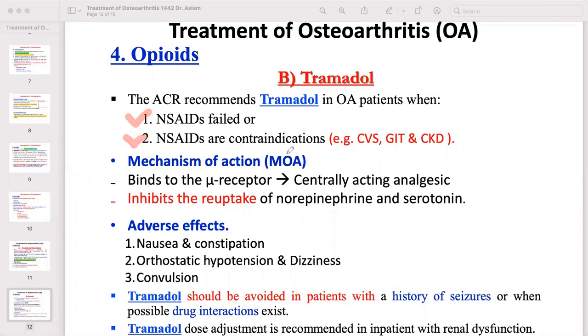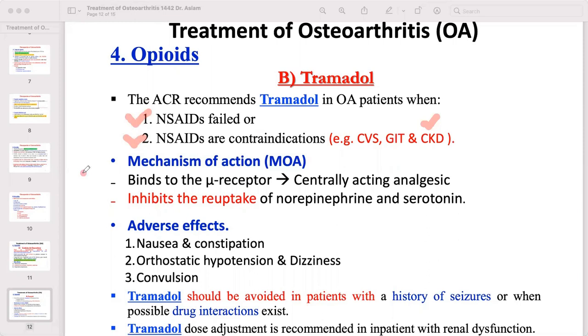If the patient is having cardiovascular, GIT, or chronic kidney disease problem, and if the patient used non-steroidal anti-inflammatory drugs without significant therapeutic effect, then the American College of Rheumatology recommends the use of tramadol in osteoarthritis patient.